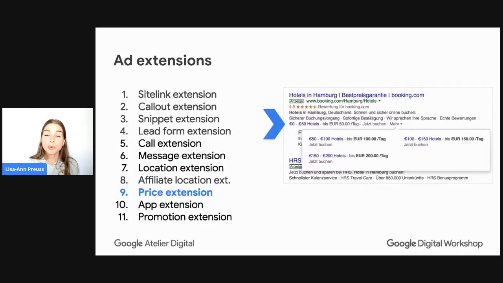There's also a price extension, and this is great if prices are something you can be really proud of as a business. Why not display it beneath your ad? I mean, look at how large this looks, displaying right beneath this already very large text ad.